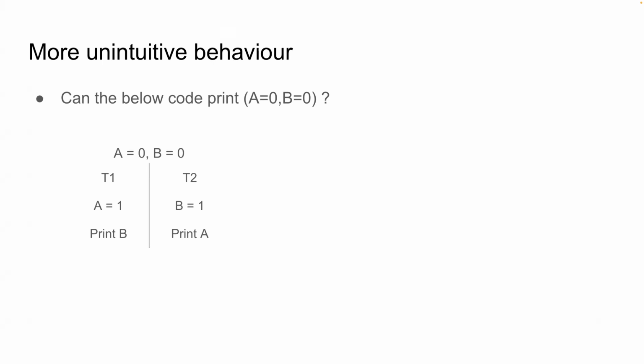Similarly, if you print a first, that means b was set to 1, so the first thread should print b as 1. You cannot see a case of a and b both being 0. That doesn't make sense. That means they were not executed in order, which is exactly what a CPU can do if it wants to.